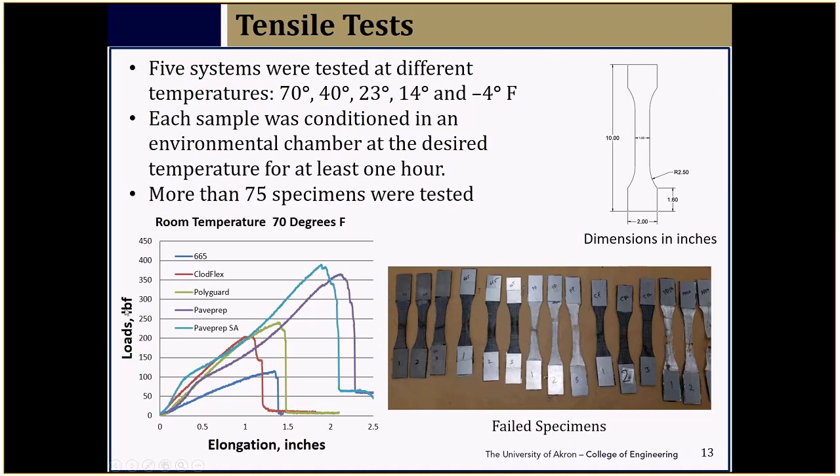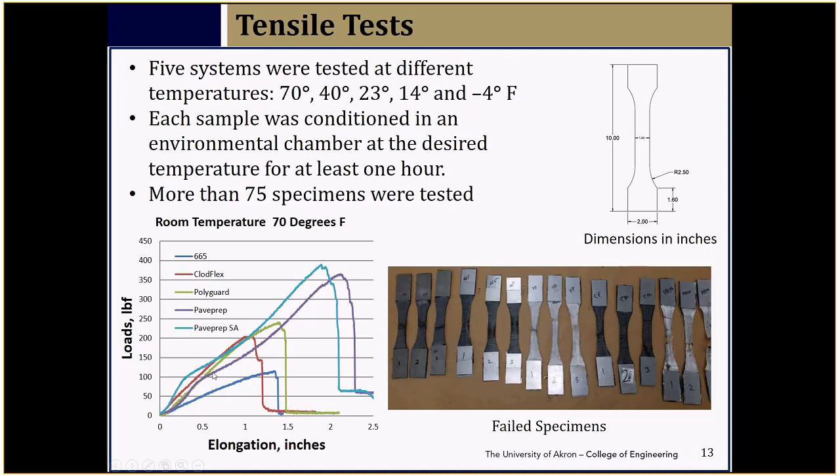What you'll see is the load carried by these membranes is very, very small. And there are 5 different membranes here. We looked at the effects of temperature from 70 degrees all the way to -40. And then we tested lots of samples.